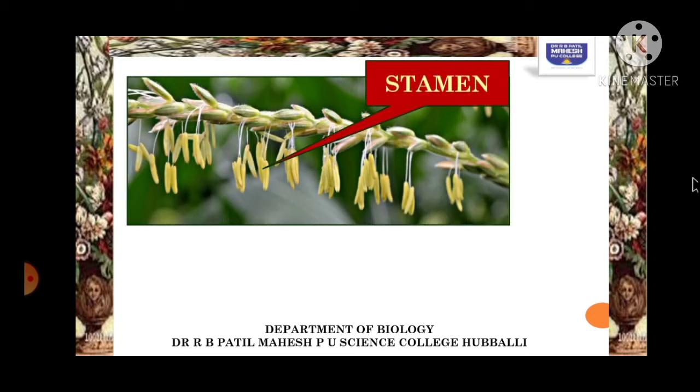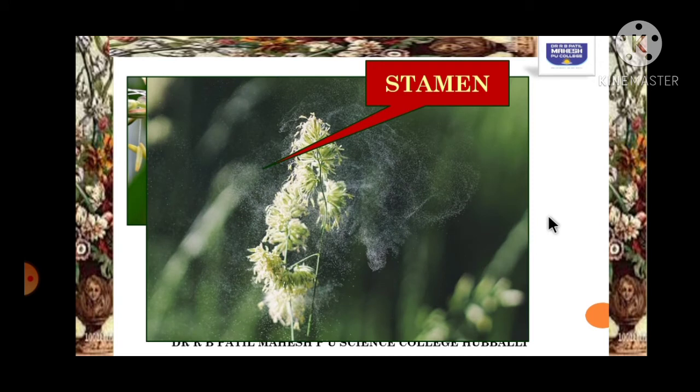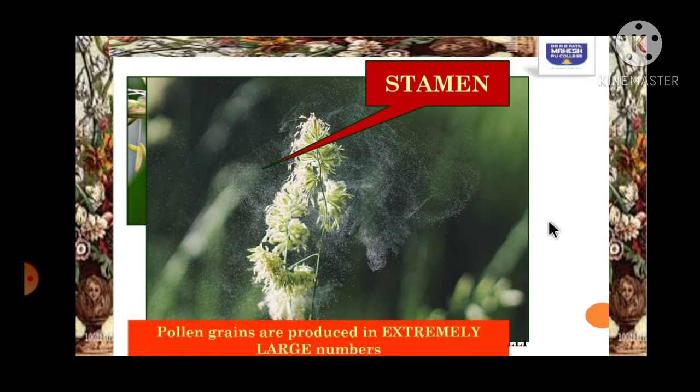This is the image of one of the anemophilous plants, where you can see stamens have long filaments so that the anthers can flutter in the air, and such anthers are called versatile. This is the image of a plant where anthesis has taken place, that is the dehiscence of the anther, and you can see a dust-like structure, which is the pollen grains.